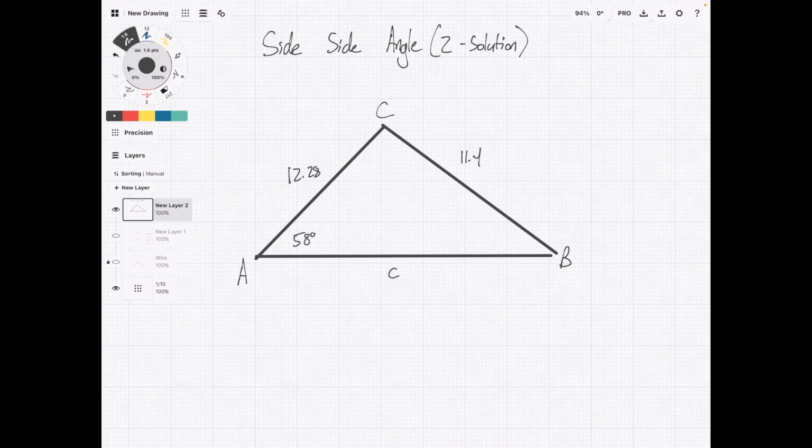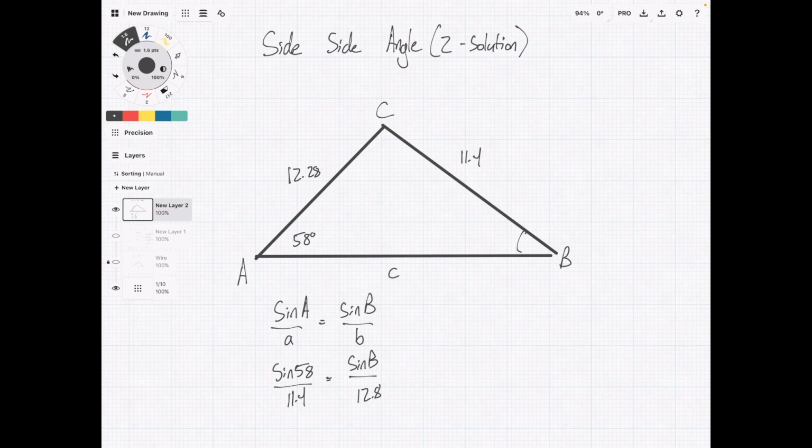So to start off, what we can do is find B. We're going to start with little sine A over little a equals sine B over little b. Plug in our values: sine B over 12.8 coming from there.